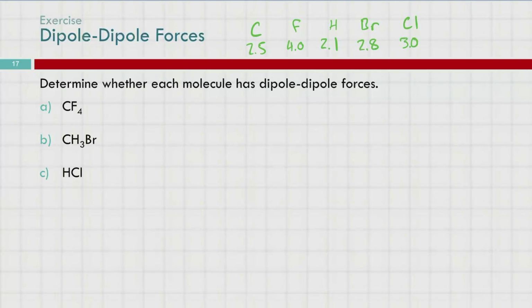And here come the Lewis structures. Go ahead and put in all the lone pairs just for fun.